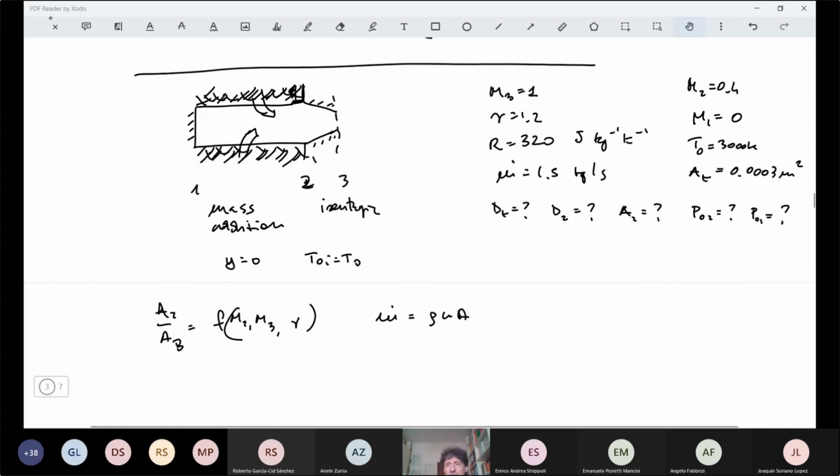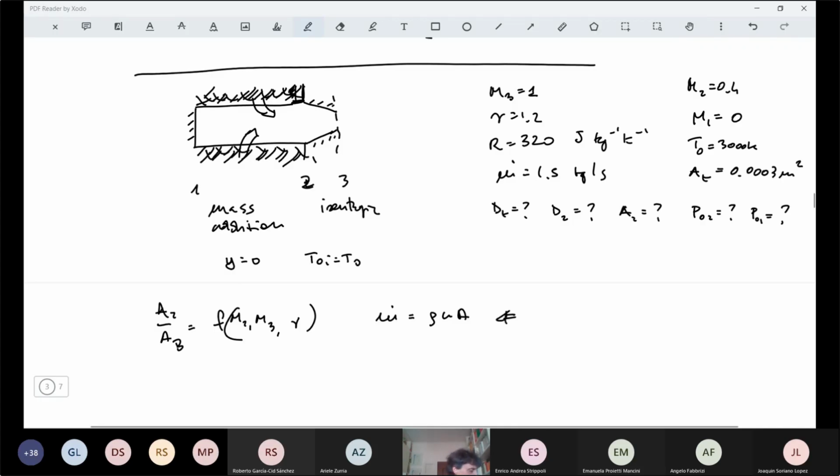So we know temperature, we know Mach number everywhere, and so we need something that allows us to evaluate our static pressure or density. And this will be obtained starting from here.